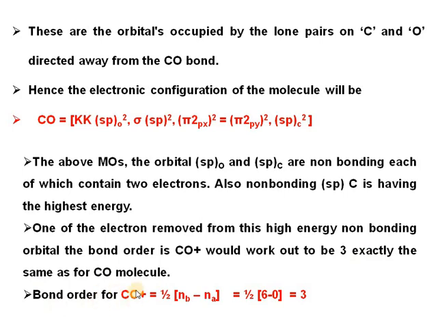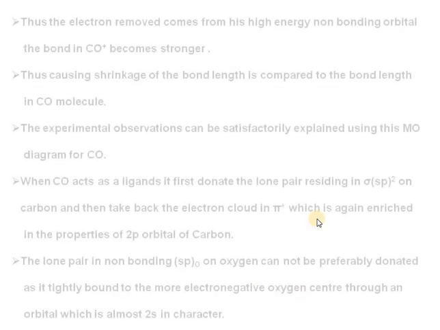So the bond order of CO plus ion is 1/2 (bonding minus anti-bonding). Bonding means how many electrons? 6 electrons, which is 6. This sigma sp2, pi 2px2, pi 2py2, total 6 electrons in bonding orbitals, and anti-bonding electrons will be 0. Bond order will be 3 for the carbon monoxide molecule.